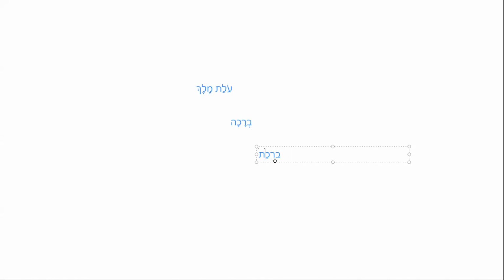And here we have sheva. Kametz is supposed to be reduced to sheva, so put sheva here. And here, the next kametz is also supposed to be sheva. So we have Berechat, yes?